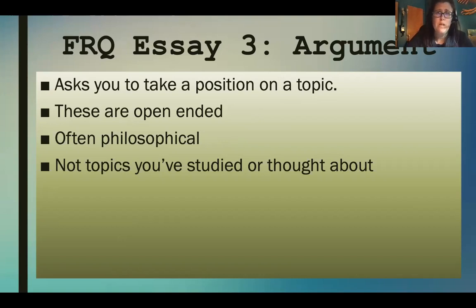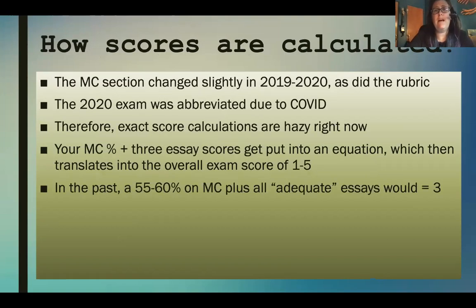All right. So moving on, how scores are calculated. As I mentioned, the multiple choice section changed slightly in the 19-20 year, and so did the rubric. We added those writing questions, and the rubric used to be a 1 through 9 score, and now it's a 1 through 6 on each essay.